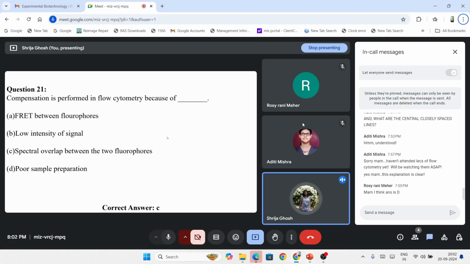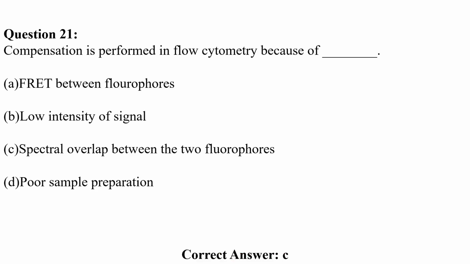Now when we are doing flow cytometry, we can tag different cells with different fluorophores. Let's say I tagged one type of cell with a red fluorophore and another type of sample with a green fluorophore. When we do this experiment, there is a chance that we get an overlap between the two fluorophore signals.